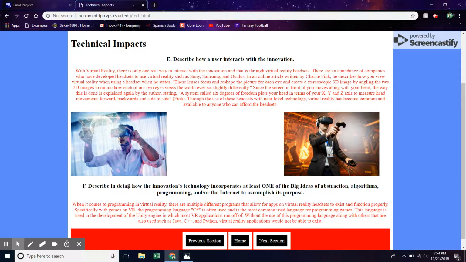So for the next prompt, describe in detail how the innovation's technology incorporates at least one of the big ideas of abstraction, algorithms, programming, and/or the internet to accomplish its purpose.